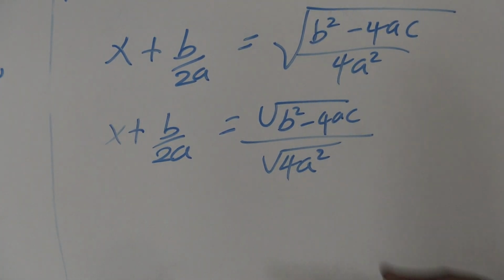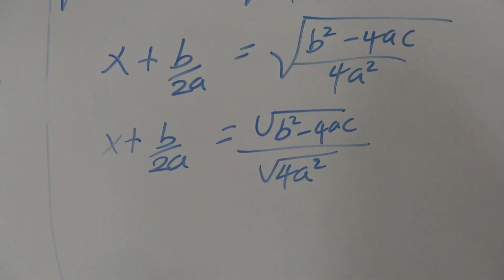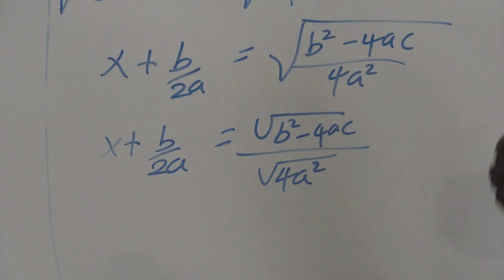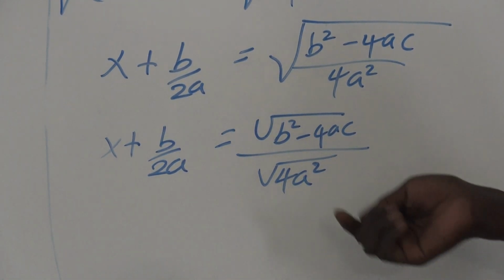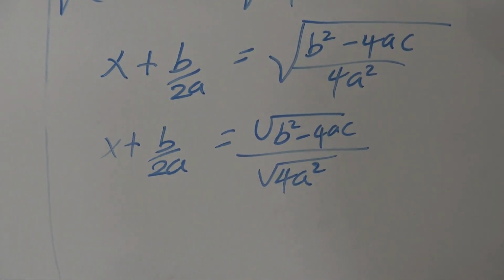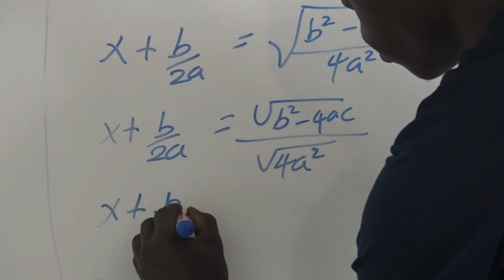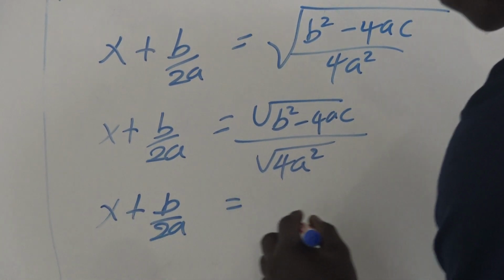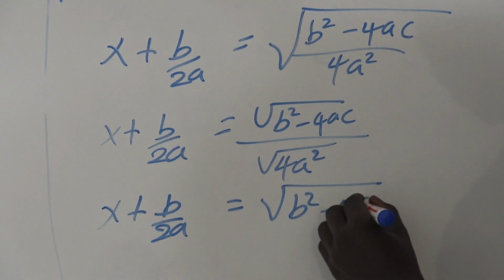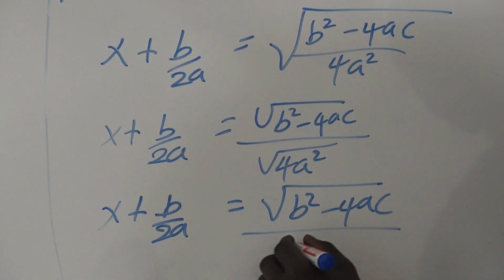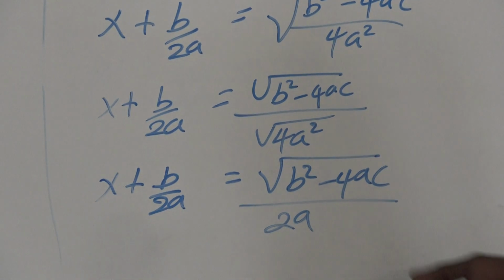We are seeing that the denominator has a component of 4, which is the same as 2 squared, and you have a squared, which means you can take a root of the denominator. So it becomes x plus b out of 2a equal to the root of b squared minus 4ac out of 2a as the result.